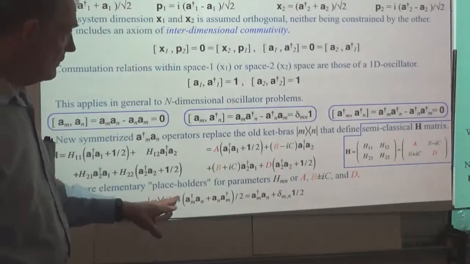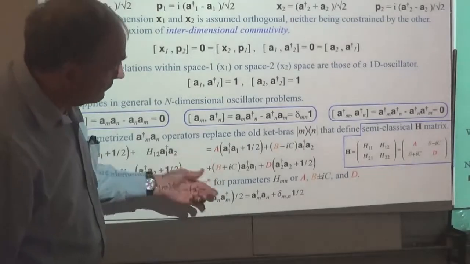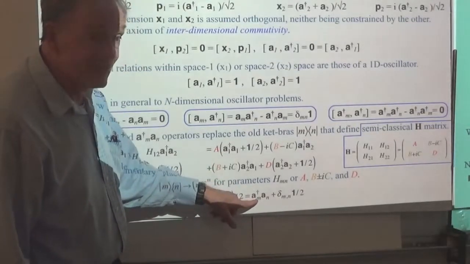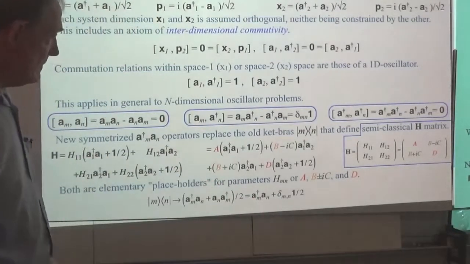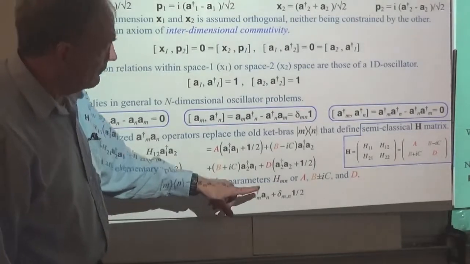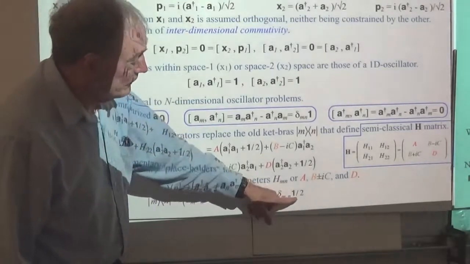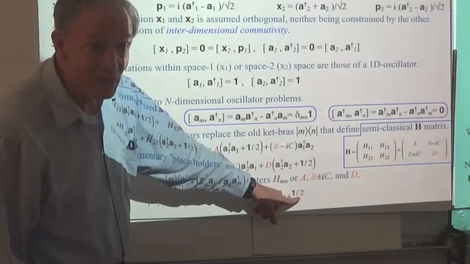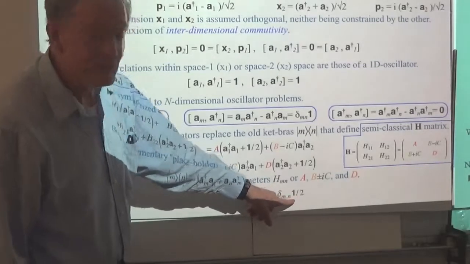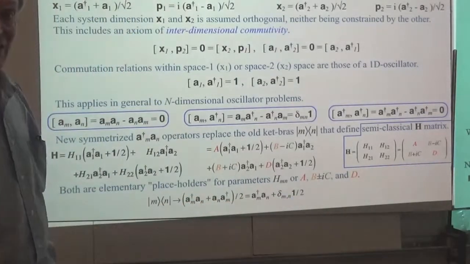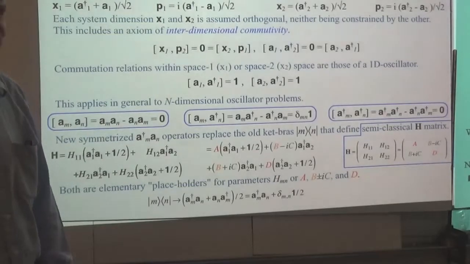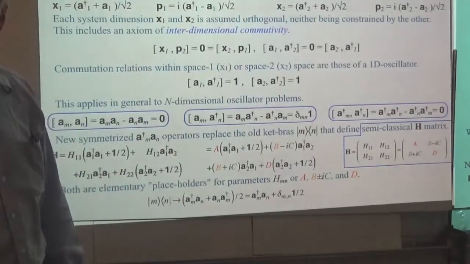We replace this with this and this, but that just adds up to this, you see. So this over 2 is this plus the 0 point, which has got a half in it. That's a sneaky relation, but it's true because of this algebra.